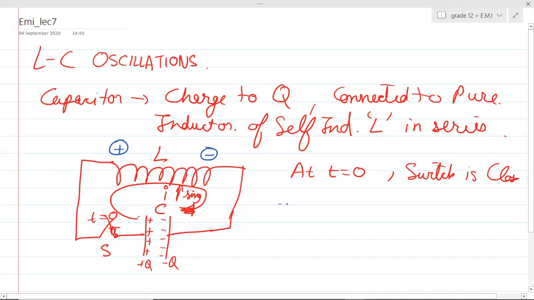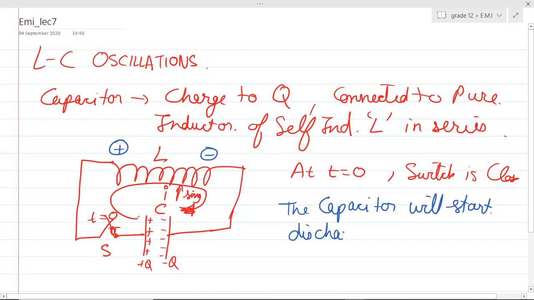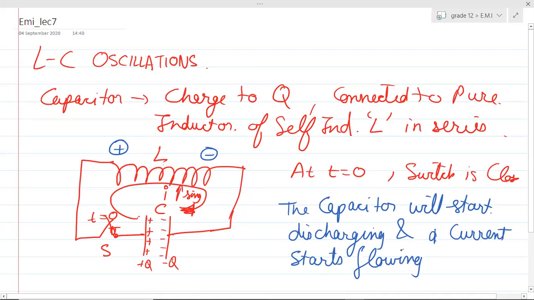I'll write the whole thing. At t equals 0, when the switch is closed, the capacitor will start discharging and a current starts in the circuit.